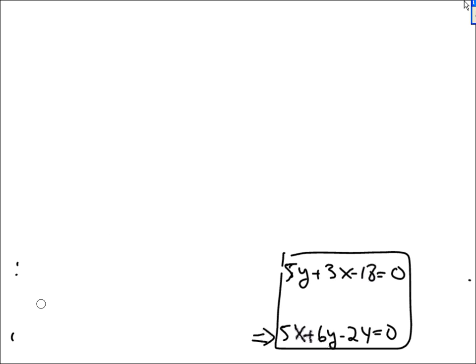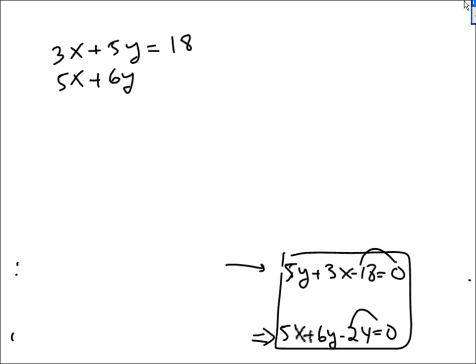It grows without bound. Okay, I'm going to write down the top equation, except I'm going to write x first, and bring the negative 18 to the other side as positive 18. The second equation, I'll do the same thing with the constant. Now I want to get the numbers in front of x to be the same.